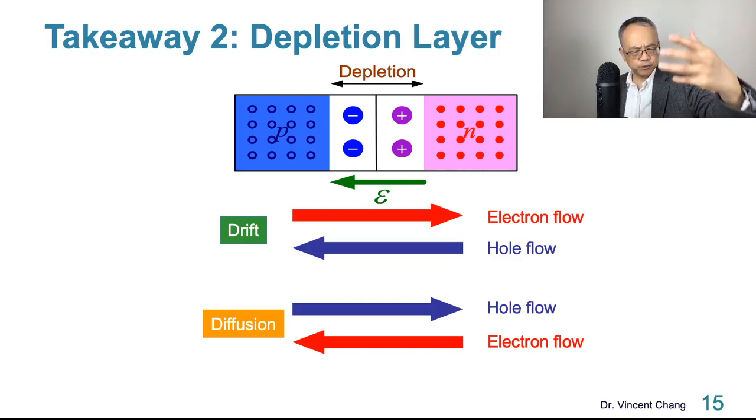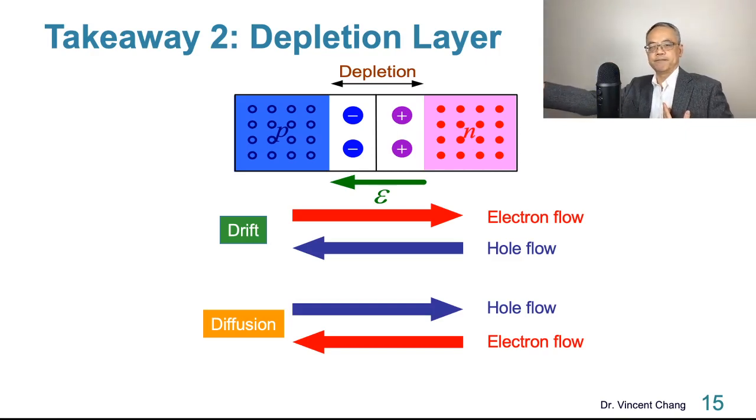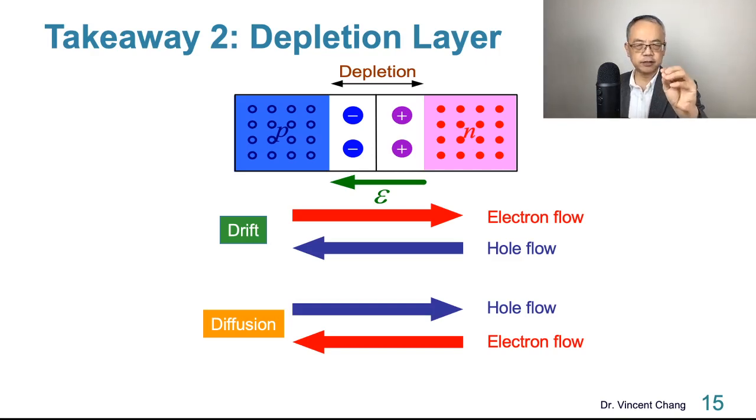A lot of electrons leave the parent body and go to the other side, going from right to the left. So in this area the majority carriers are depleted.